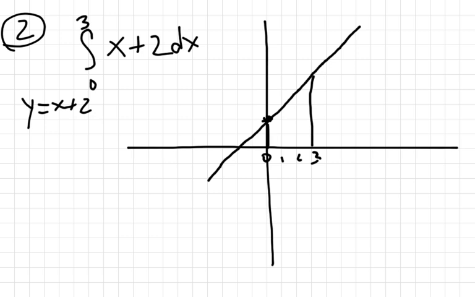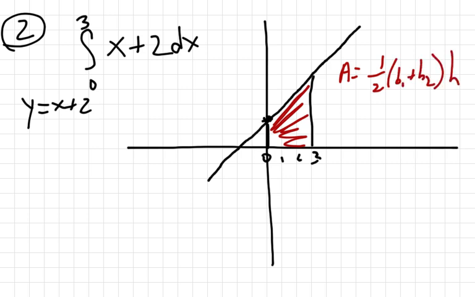So this area would be a trapezoid, and we know that the formula for area of a trapezoid is 1/2 base 1 plus base 2 times the height. So this should be 1/2 times first base be 2, second base be 5, and the height would be 3.